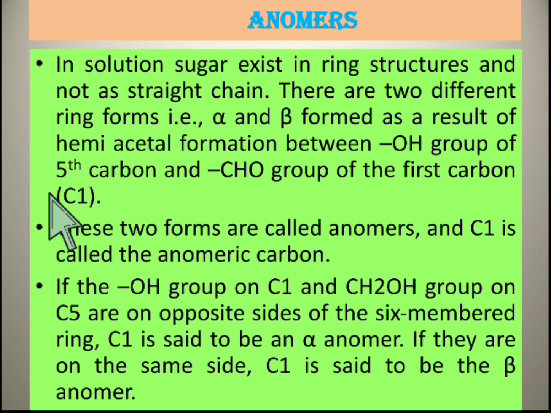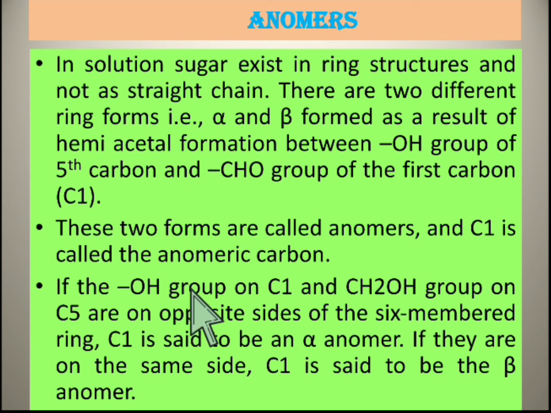The two forms, the alpha and the beta forms, which result due to the hemiacetal or hemiketal formation, are termed as anomers.